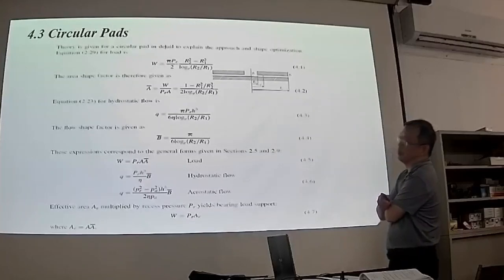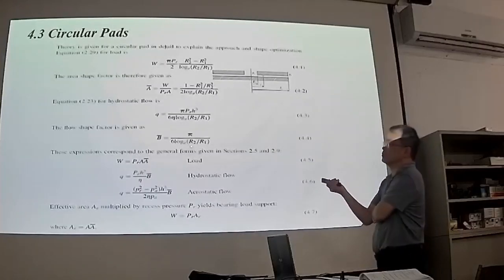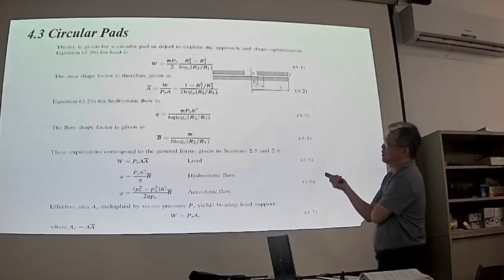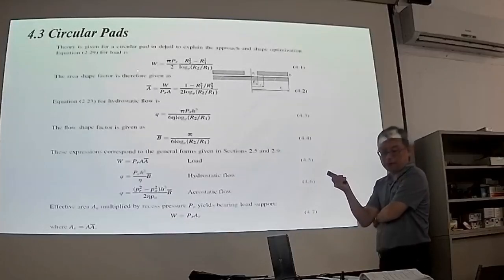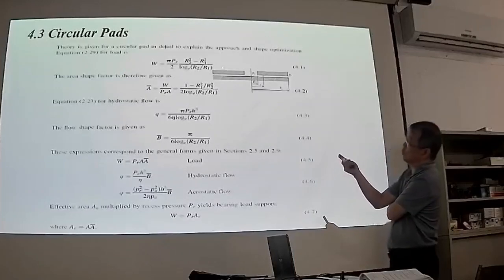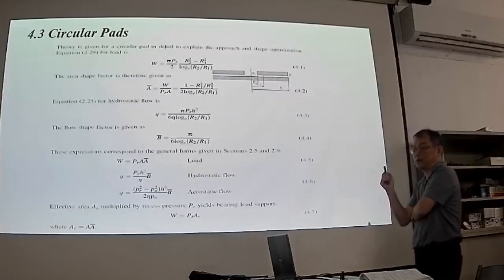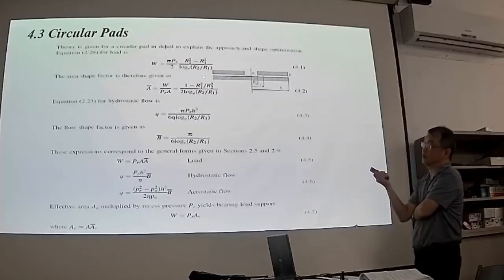So earlier in chapter 2 or chapter 3, we discussed the load capacity for the central recessed circular bearing. You have the load capacity using this formula. You can estimate the exact load capacity for the bearing.